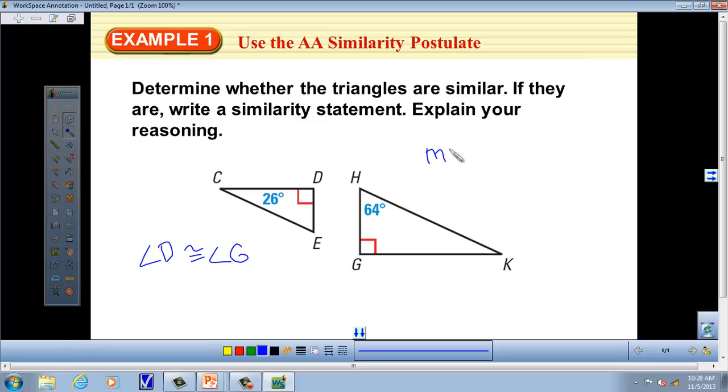We know that the measure of angle C plus the measure of angle E equals 90 degrees in this case, because there's 90 here. That would give us 26 plus the measure of angle E is equal to 90 degrees.